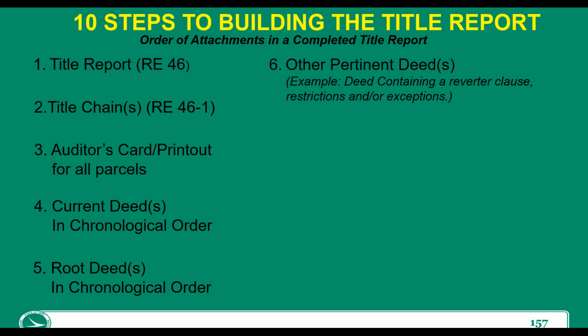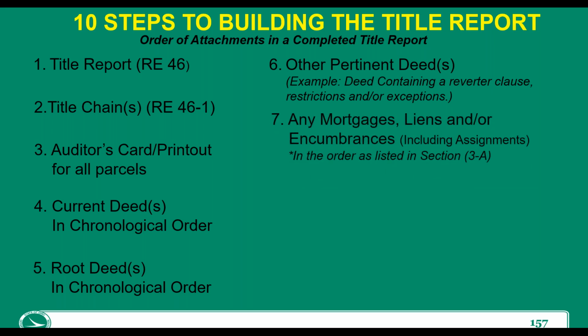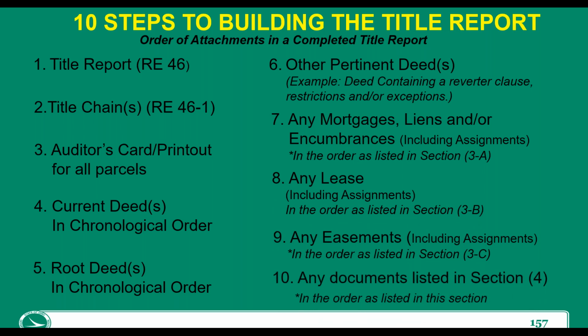Deeds, example, deeds containing reverter clauses, restrictions, and/or exceptions. Number 7, any mortgages, liens, and/or encumbrances. Number 8, any leases. Number 9, any easements. And number 10, any documents listed in section 4. And as you can see, this follows just like the report reads.